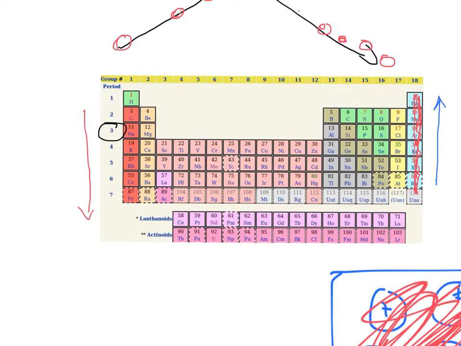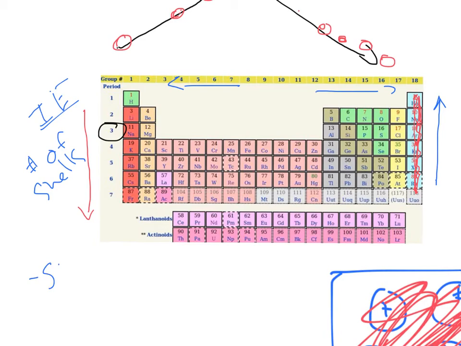And there's also a general trend in reactivity this way and also this way. We see this trend in reactivity for the alkali metals mainly due to how strongly they can hold their outer electron. So it is related to ionization energy, which in turn is related to the number of shells, and also to the shielding effect of the inner core electrons.